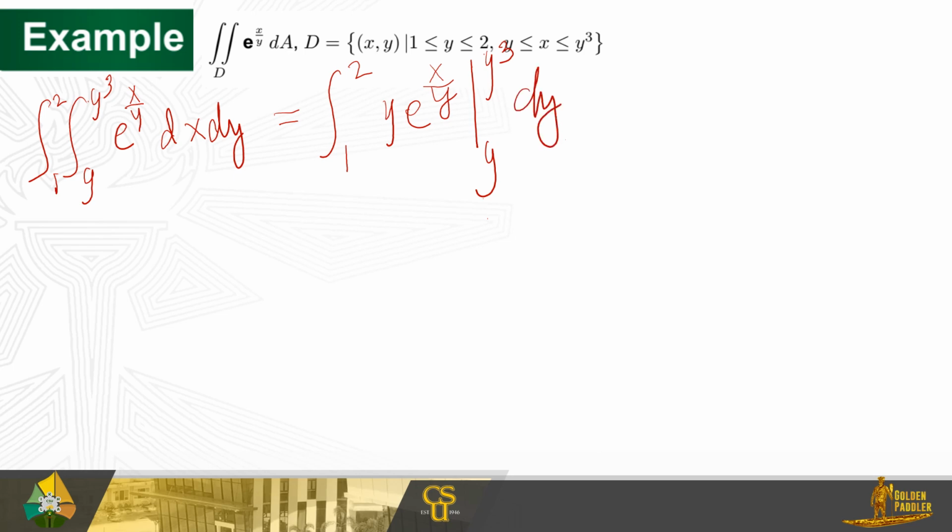Dito marami na tayong shortcuts kasi napag-aralan na natin yung derivative ng mga functions na ito. So we have integral from 1 to 2 of, isa-substitute lang natin sa x, so magiging y times e to the power of y cube over y, so magiging y square na yan, minus y times e to the power of y over y, that is e to the power of 1.